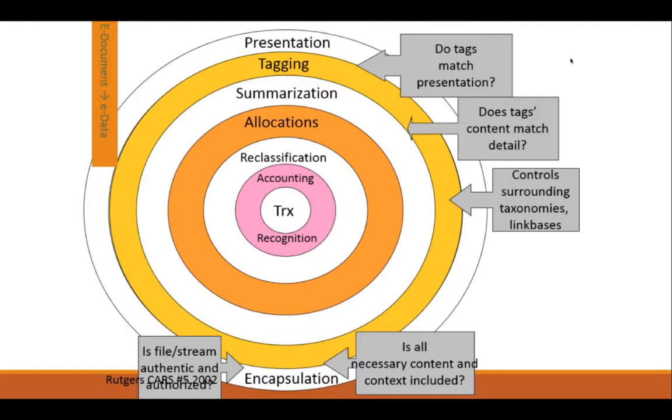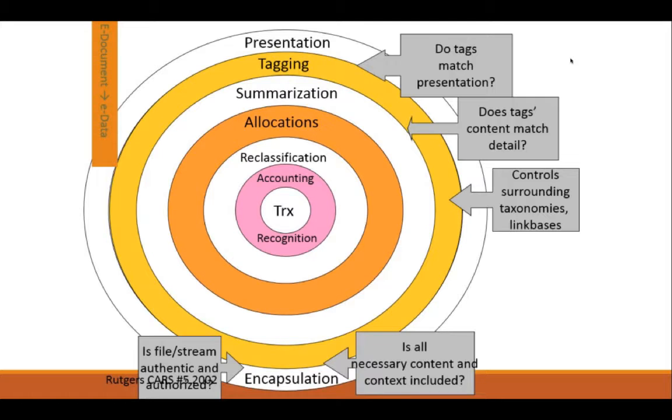So specifically, when we talk about the assurance on XBRL, there are several things we want to focus on. First, we want to make sure that the tags really match the presentation, and we want to see whether the tag content matches the detailed information.